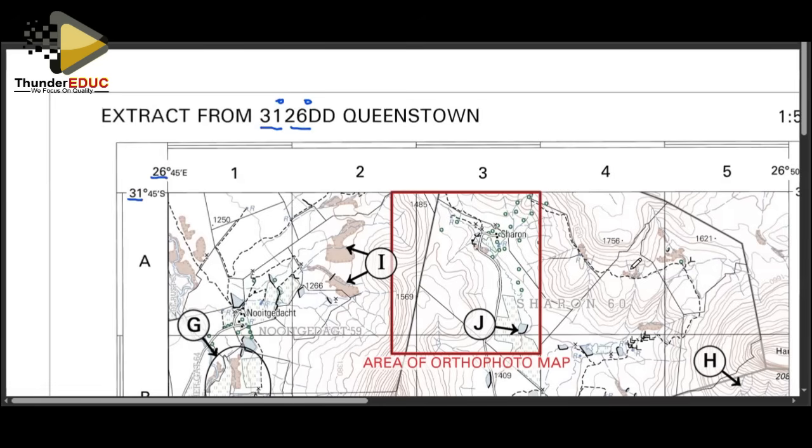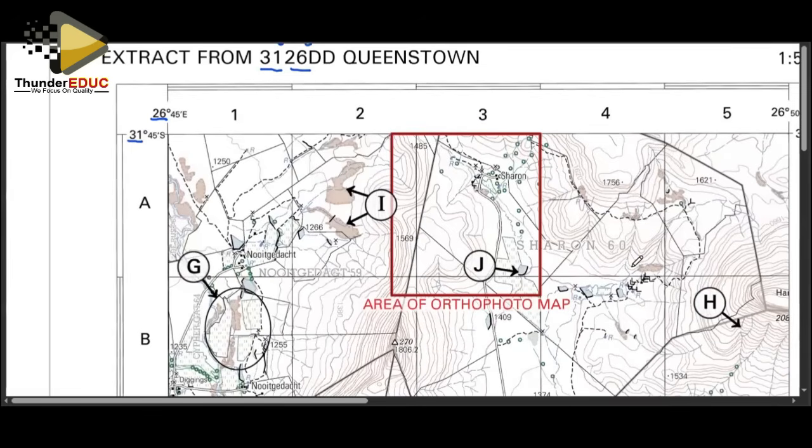So on top of that, you need to figure out your values for the lines of latitude for minute value, because your degree values don't change for this whole map. They are basically 31 degrees latitude and 26 for this whole map. But what is only changing there is your minute values and then lastly your second values. This is 31 degrees 45 minutes to the south. Automatically it means the next line of latitude is going to be plus 1 minute, which is 46 minutes.